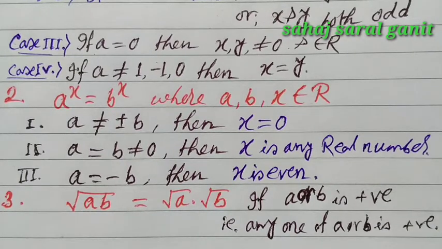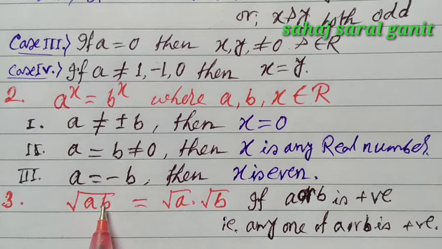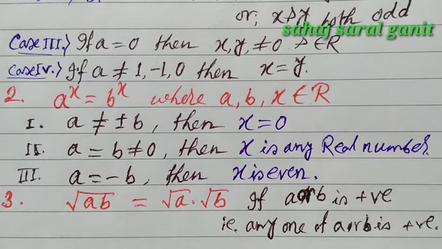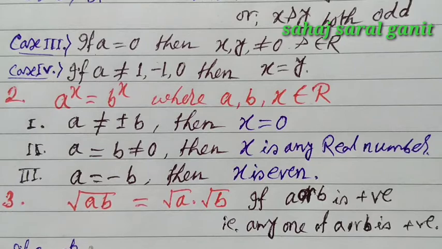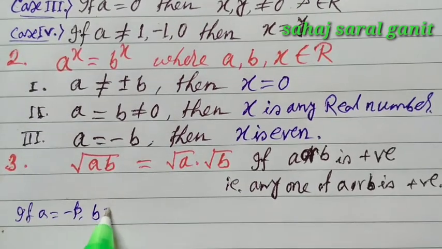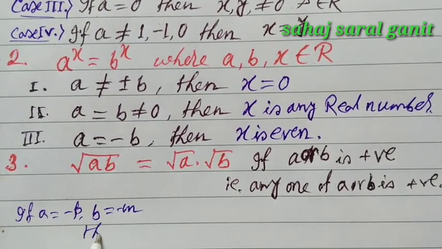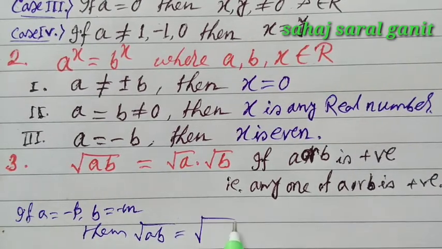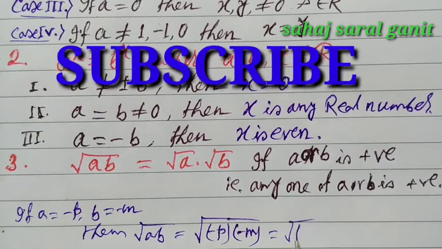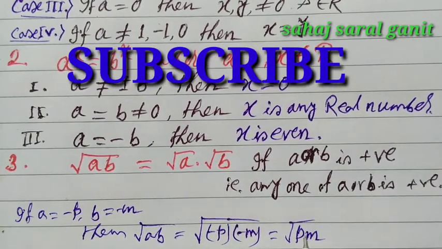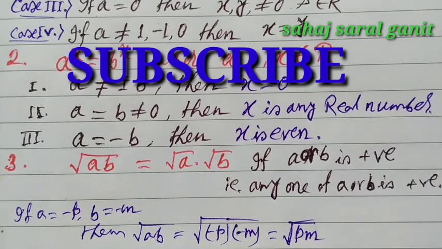If a and b both are negative, then we have minus a into minus b. If a is equal to minus p and b equal to minus m, then square root of ab is equal to square root of minus p into minus m, which is square root of pm, that is a square root of a positive number.